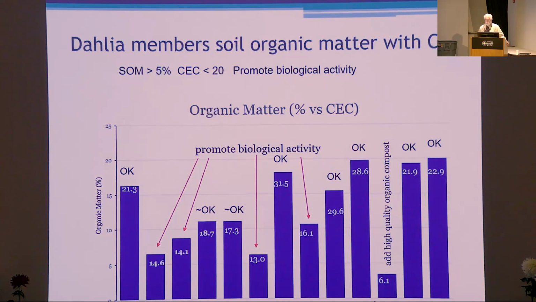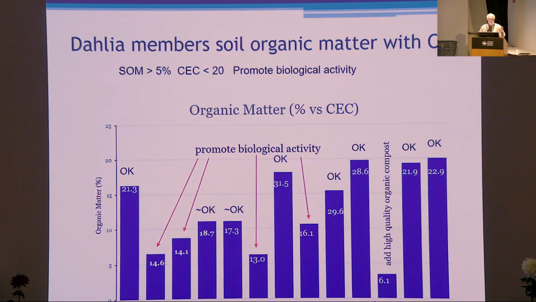So here is a list of the pHs and the organic matters of different dahlia growers' soils. And then in parentheses, I've put the cation exchange capacity in white in the middle of each of those bars.